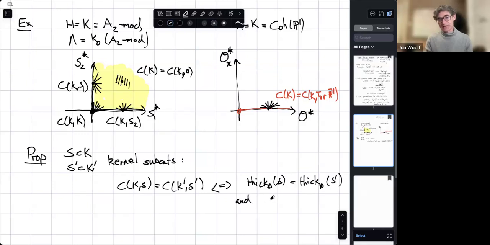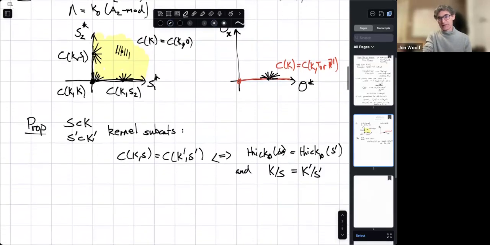And in addition, the kernel subcategories are Serre subcategories, so I can quotient and get a new abelian category, K mod S. This is actually a bounded heart inside the quotient of D by this common thick subcategory. So I can compare it to this bounded heart, and they have to be the same. So a purely homological criterion for when two faces of two heart cones coincide.